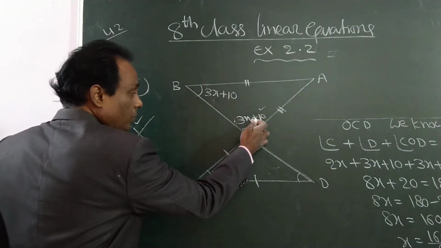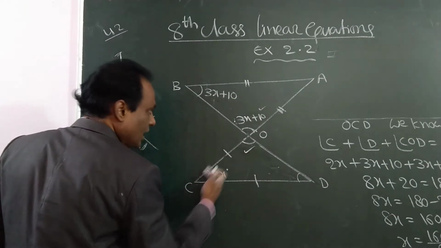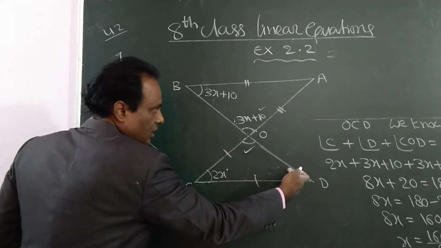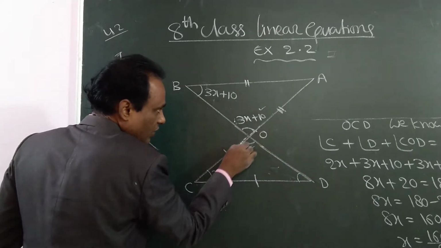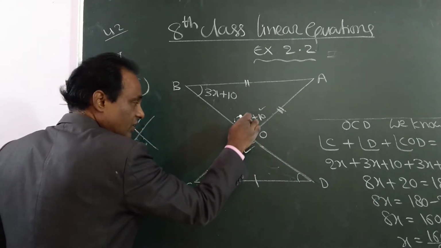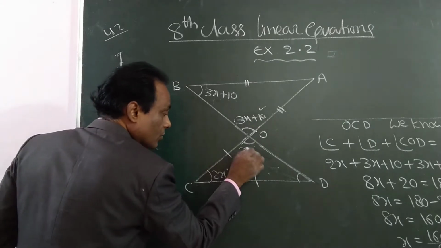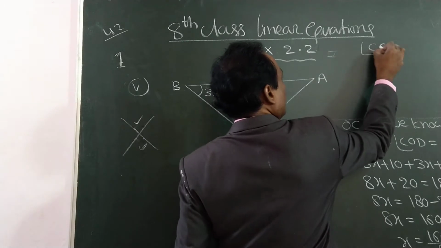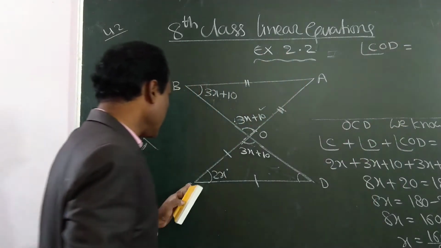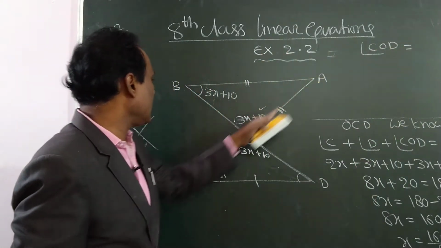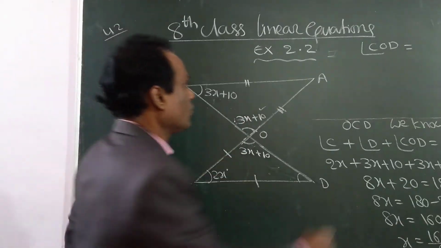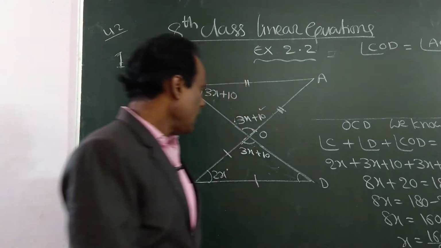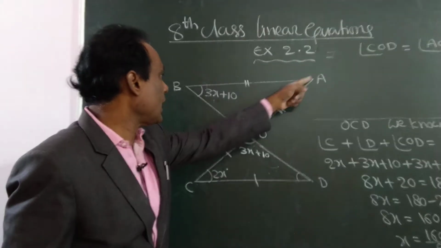If this is 3x plus 10, this angle COD is also 3x plus 10, because vertically opposite angles are equal if two lines are intersecting. This is 3x plus 10. This will also be 3x plus 10. Write down: angle COD is equal to angle AOB.